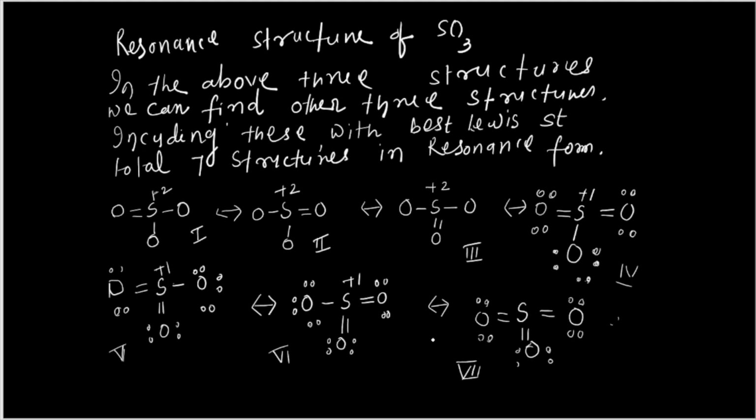So before that I explained only 4 structures, but here 1, 2, 3, this one is known as the 4 structure. But when it is in expanded form, how many total? 7 structures are there, and this one is the best Lewis structure.